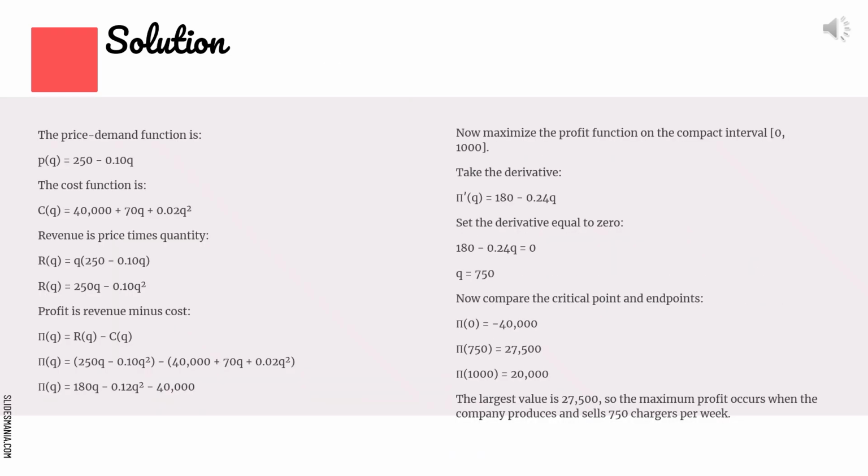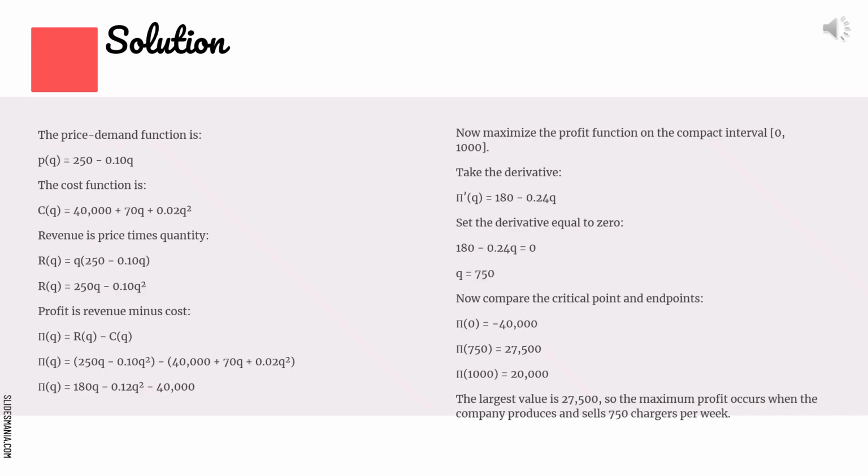Now, continuing the problem, we're going to have a price demand function, the cost function, the revenue function, and the profit, which is the revenue minus cost. That's another function. And now to maximize our profit function on the compact interval from 0 to 1,000, we're going to have to take the derivative of our profit function, set the derivative equal to 0, and compare the critical point and endpoints of this function.